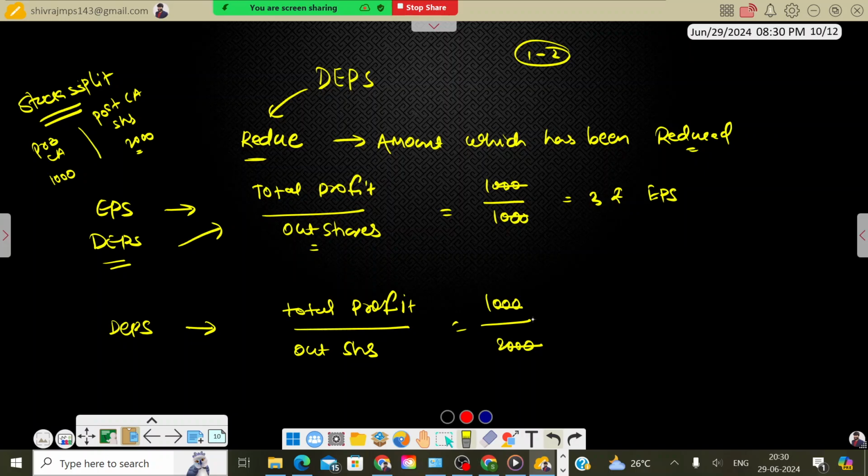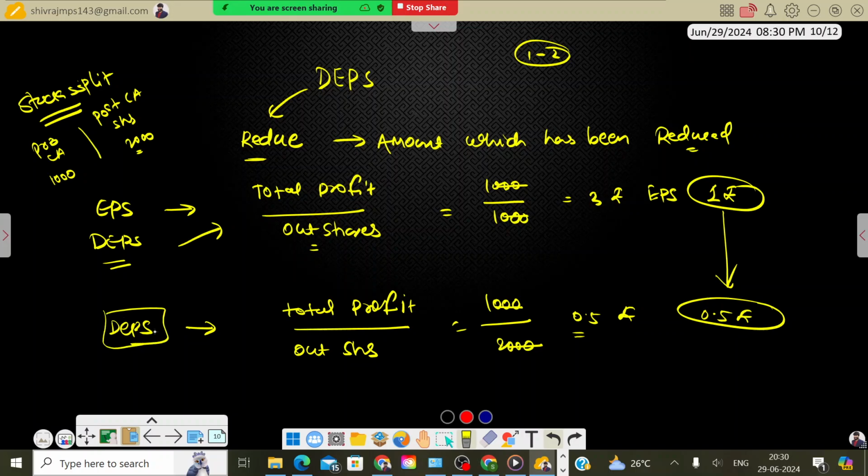The number of shares has changed, so 0.5, which would be around 1000, right? So the 1000 profit can be split across 2000 outstanding shares. So the earning per share was 1 rupee, and here DPS is 0.5 rupees, which means it has changed, so it is diluted, right?